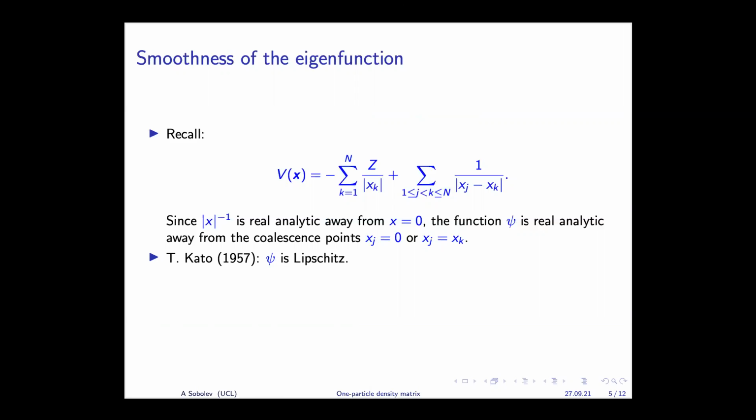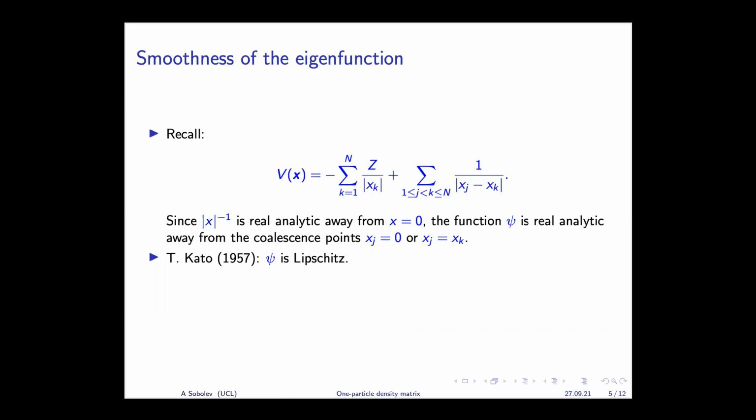Okay, so let's discuss the smoothness of the eigenfunctions first. That was the potential, if you remember, in the Schrödinger operator. So it has, as you can see, singularities at 0 and at the coalescence points, where particles meet.